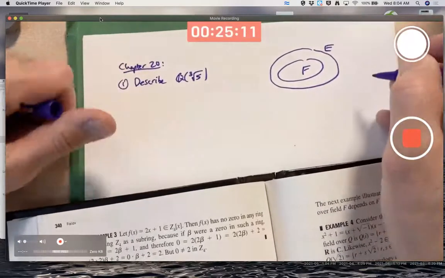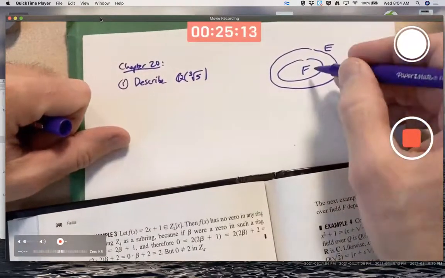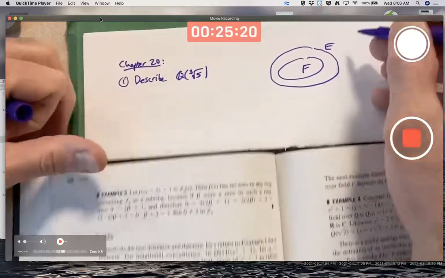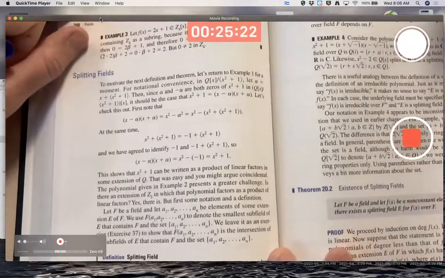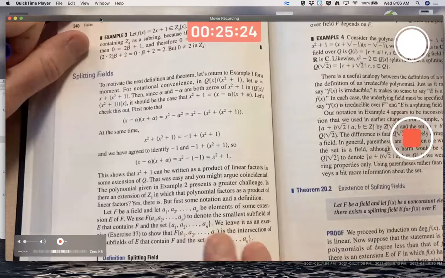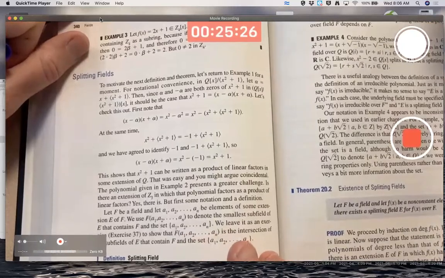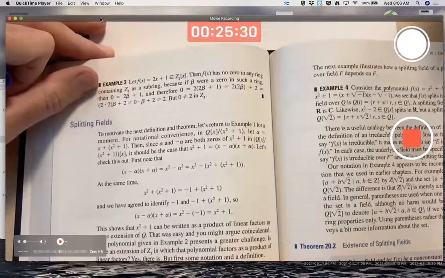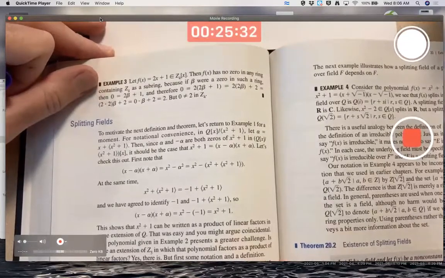All this reminds you of is that E is an extension field of F. In other words, F is a subfield of E. These A's, A1 through AN, are in E. Are they not in F? Well, they could be in F, though it's more interesting when they're not.